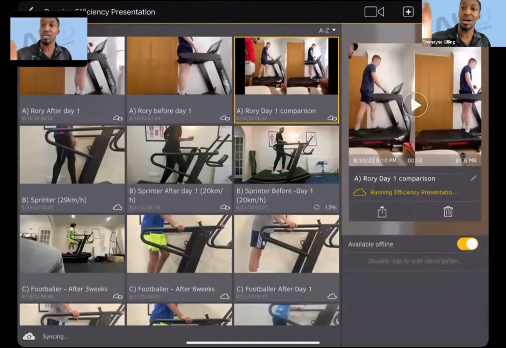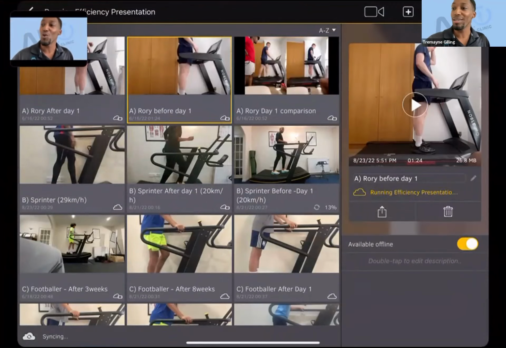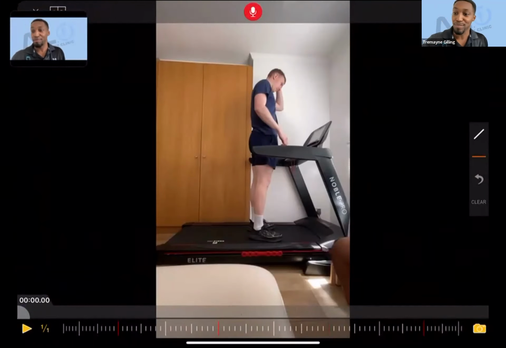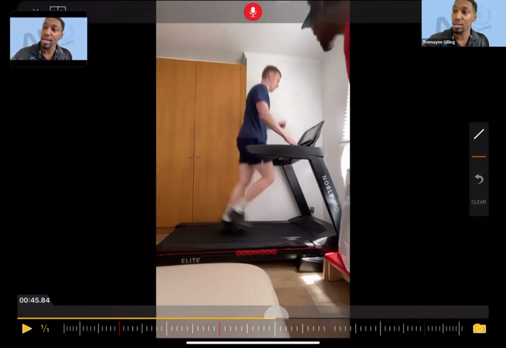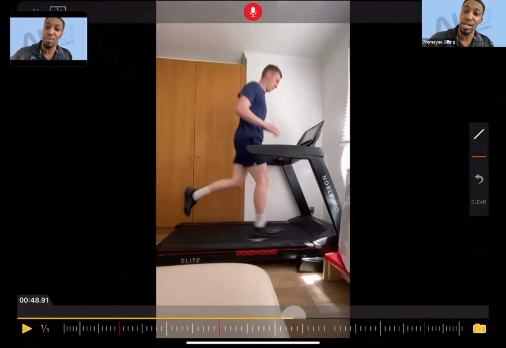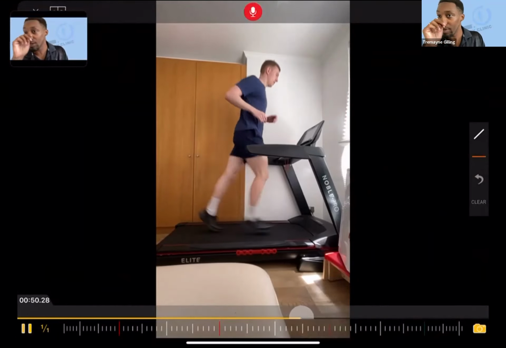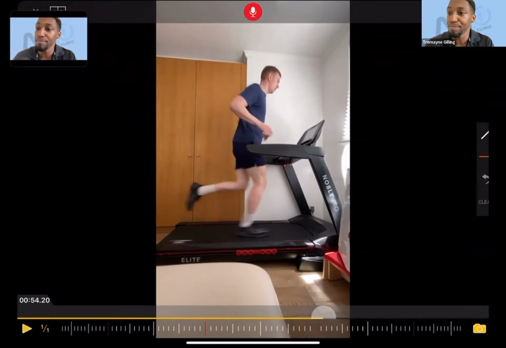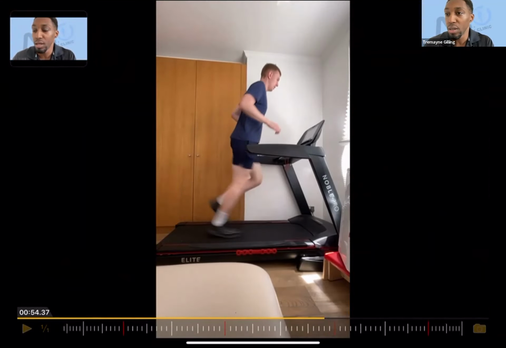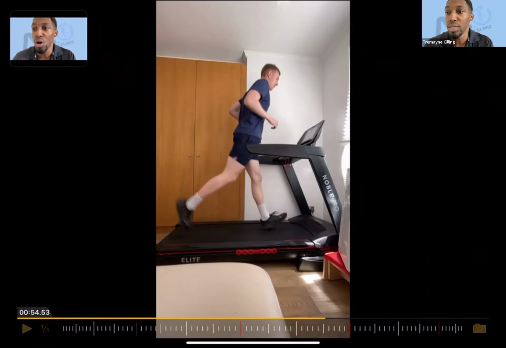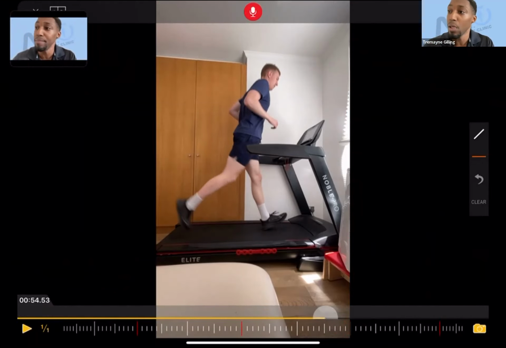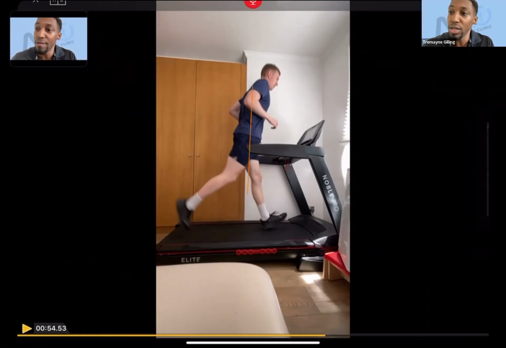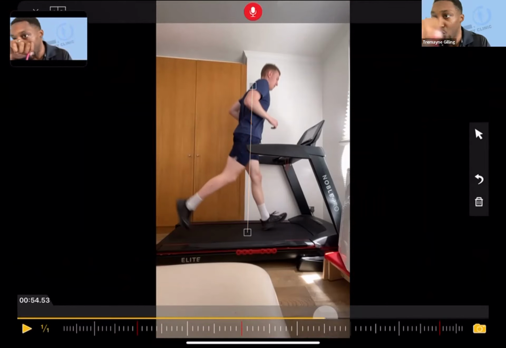Right. We're going to start with Rory. So we had Rory jumping on the treadmill. And if we slow it down, one of the things I mentioned was overstriding. So if you have a look here, Rory's landing in front of his center of gravity.